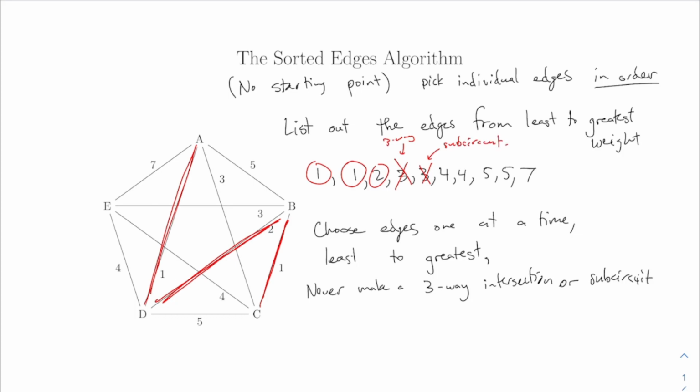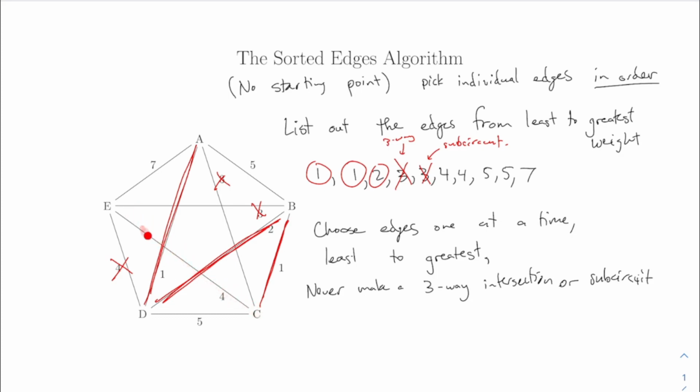Now I go on to the 4s. Are either of those 4s legal? The one that goes E to D, this 4 here, is not legal because it makes a three-way. Maybe I should be Xing these out on here also. This 4 is not legal because it makes a three-way at D, but this 4 I think is okay.